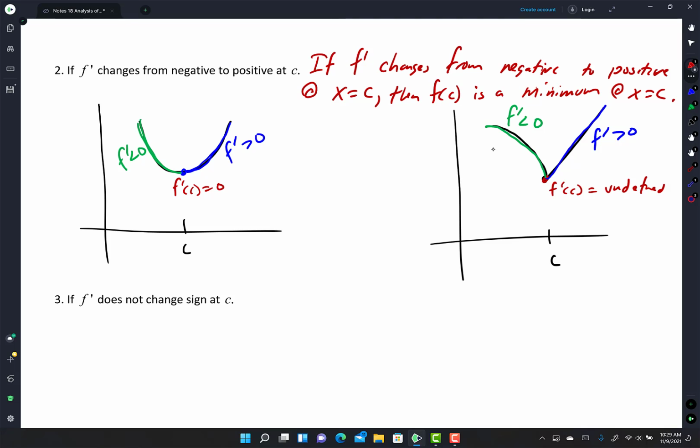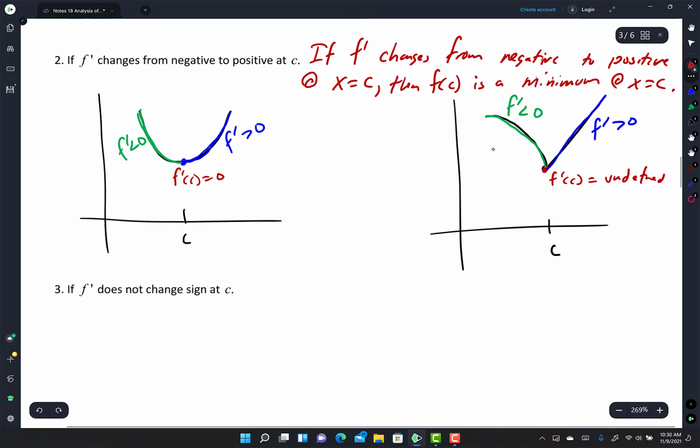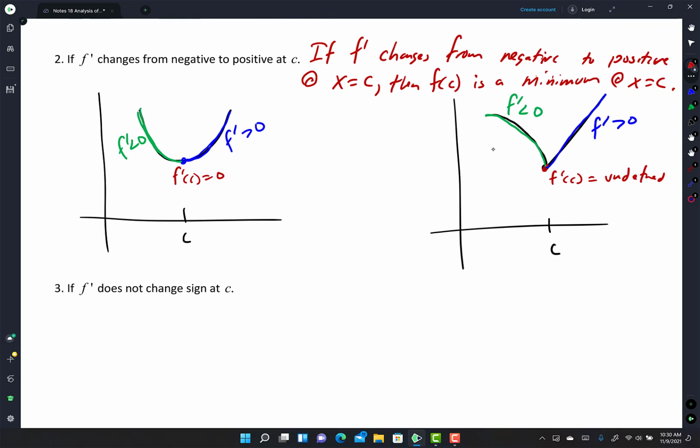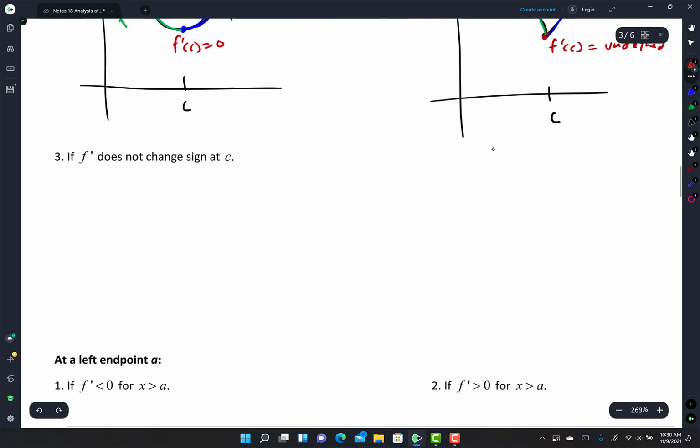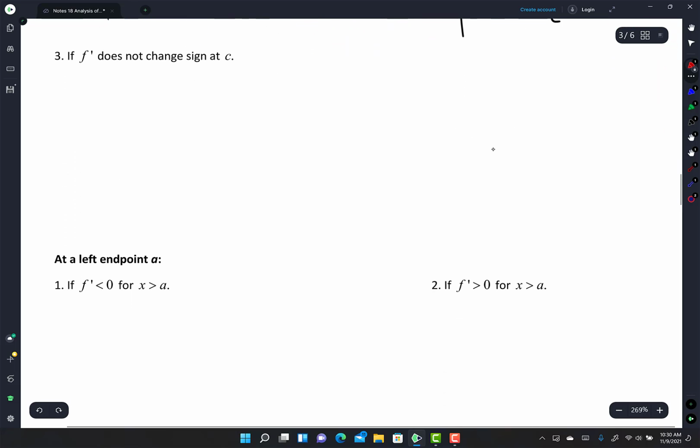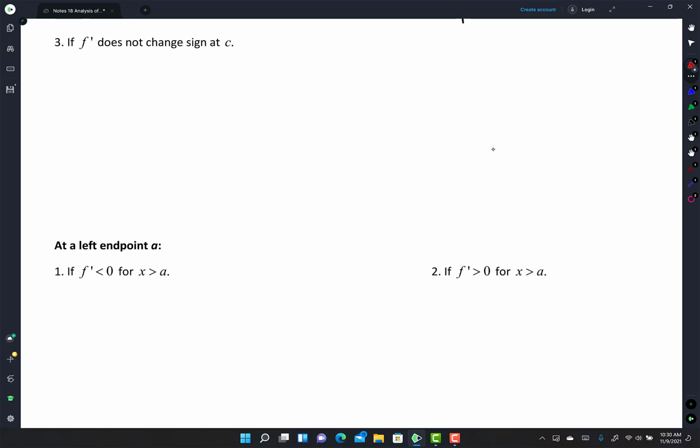Ready for the next one? If f prime does not change signs at x equals c.